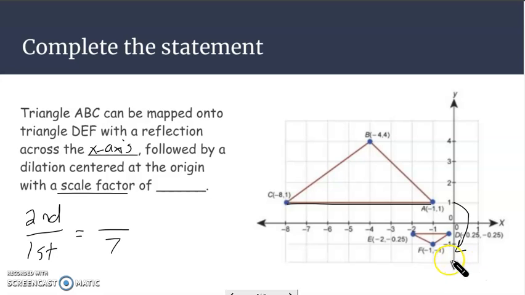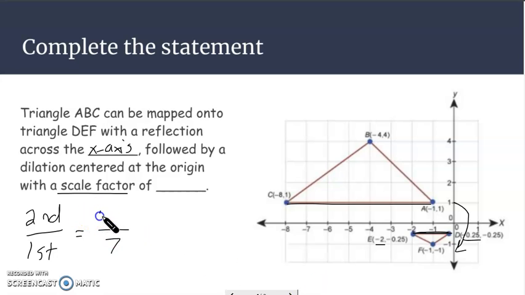All right, and then looking at the base of the smaller one, it's kind of hard to tell just by visually inspecting it. However, if we compare the distances between the x coordinates, notice we have a -0.25 and a -2.